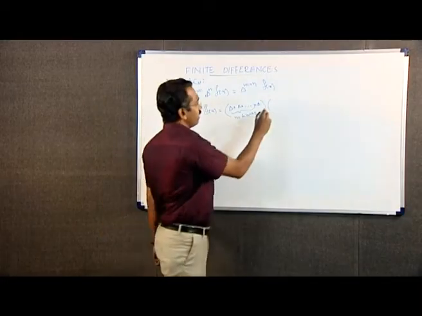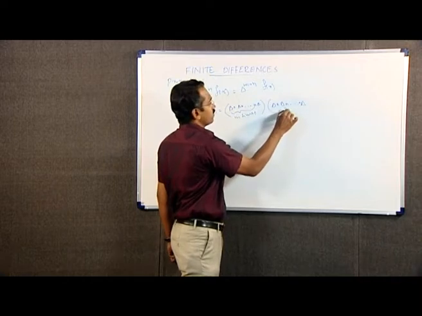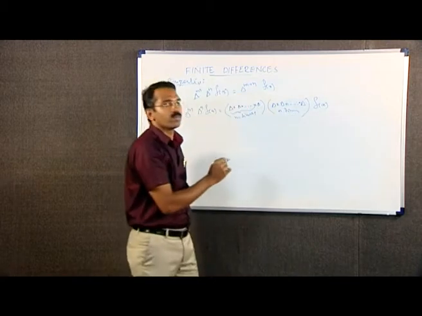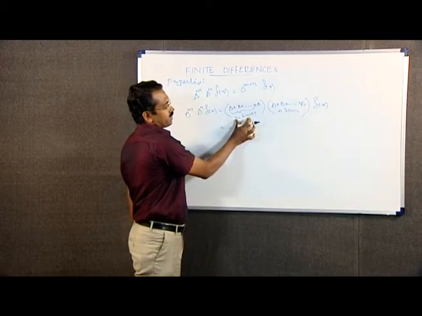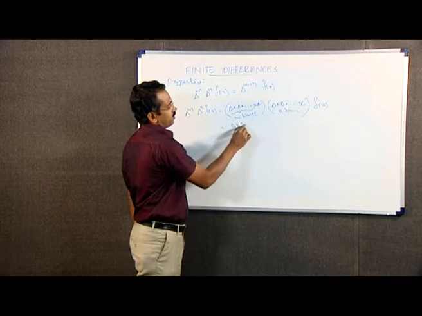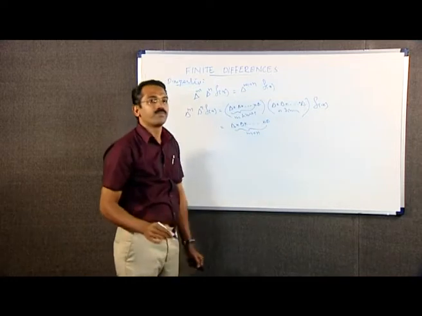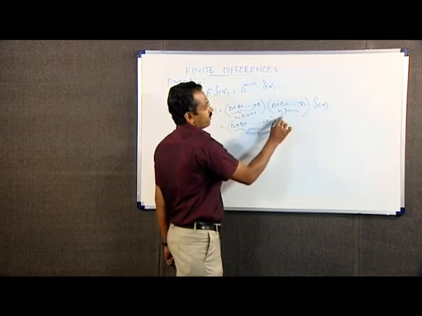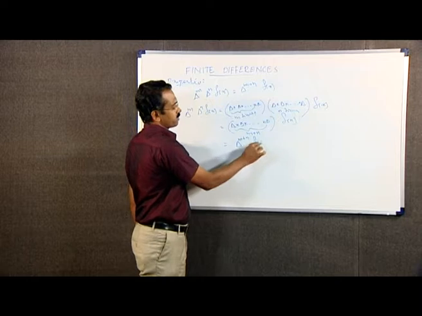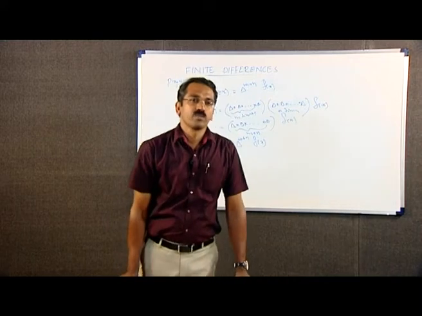Delta raised to n means n times delta, of f of x, which is equal to delta m times into delta n times means delta into etc. into delta, total m plus n times of f of x, that is equal to delta raised to m plus n of f of x. This is the fourth property.